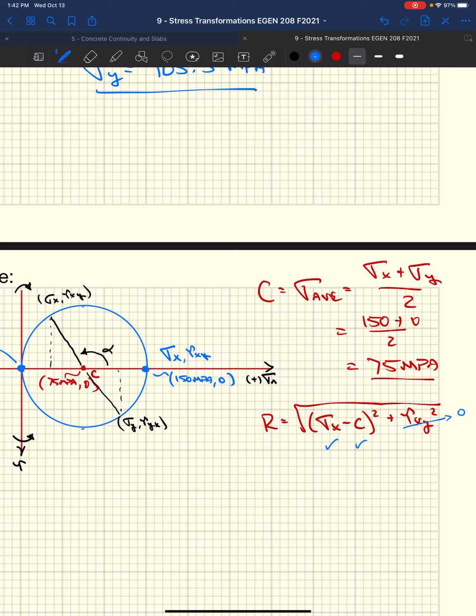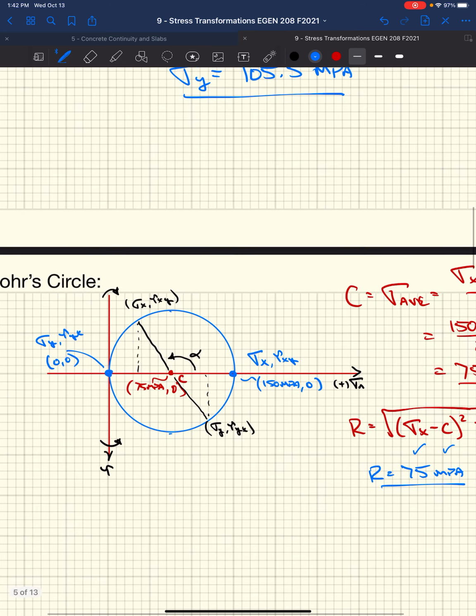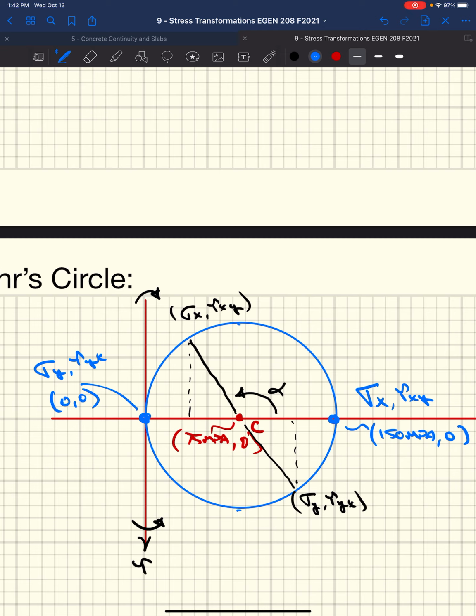For our known stress state. So that means our radius is 75 megapascals, which you can see if you draw a nice circle like I did. Maybe if it's scribbled up here, it's kind of hard, but obviously this radius is going to be 75.